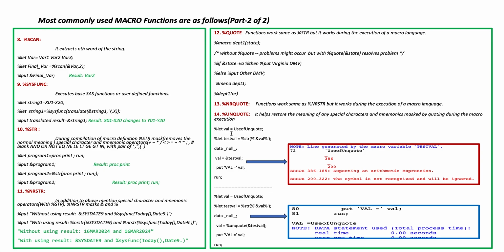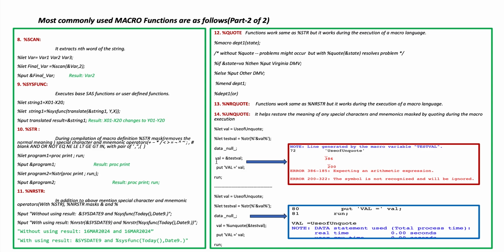Suppose here is a macro variable val and its value is use of %unquote. Let another macro variable testval, and we are using here %str, %unquote, and %val.